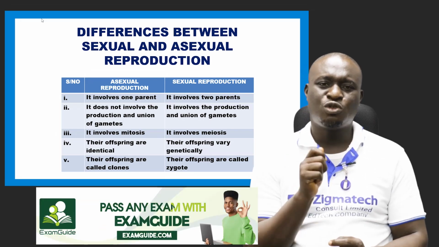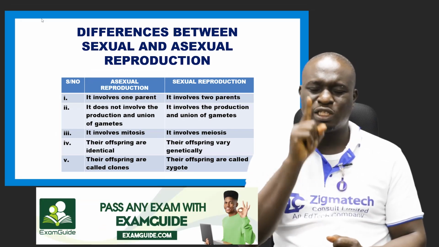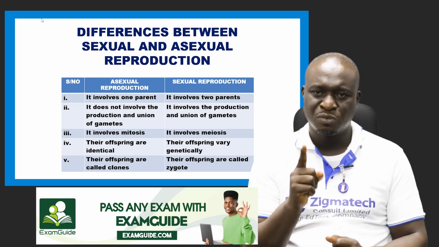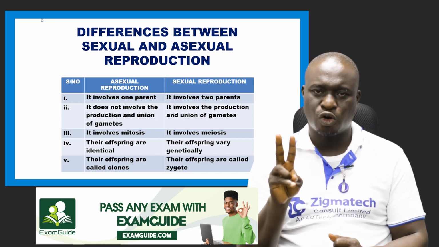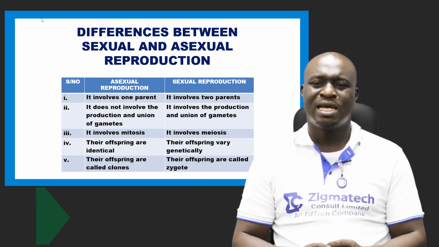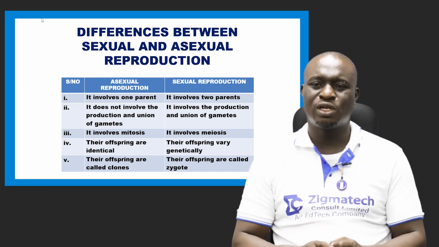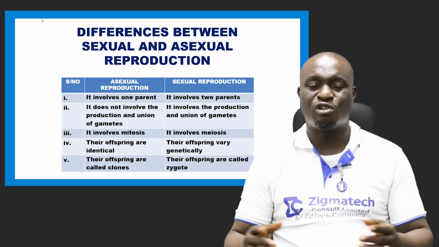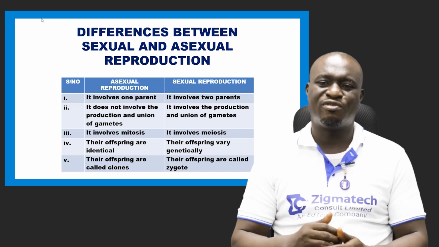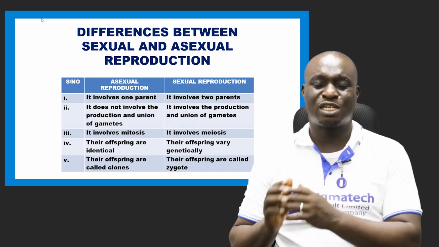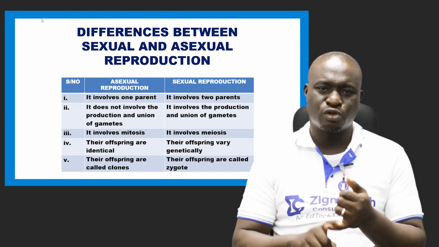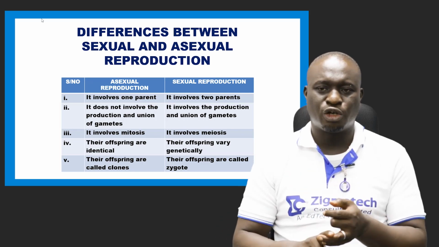Number 1, asexual reproduction involves only one parent, but sexual reproduction involves 2 parent organisms. Number 2, asexual reproduction does not involve the production or union of gametes or sex cells, but sexual reproduction involves the production and union of gametes.